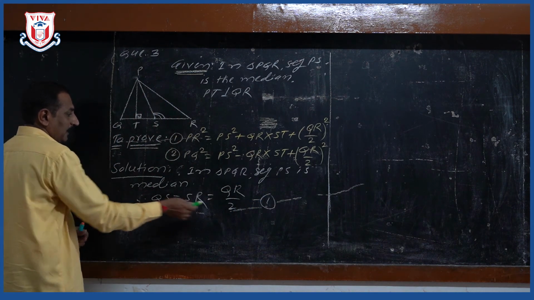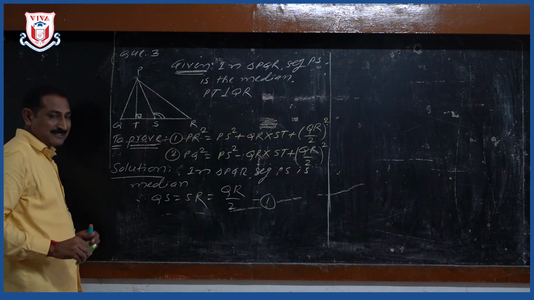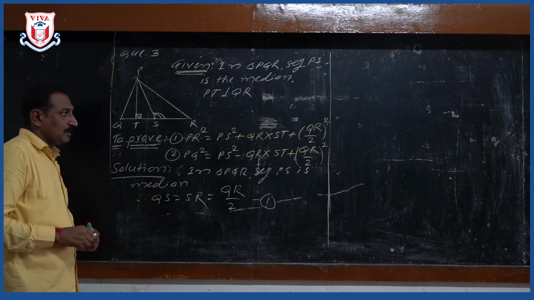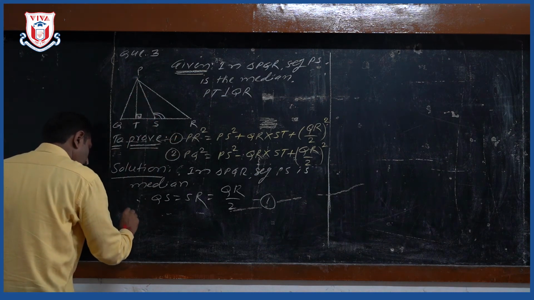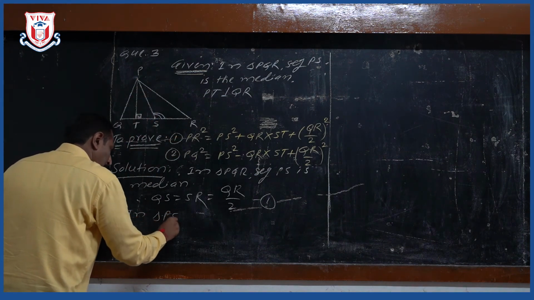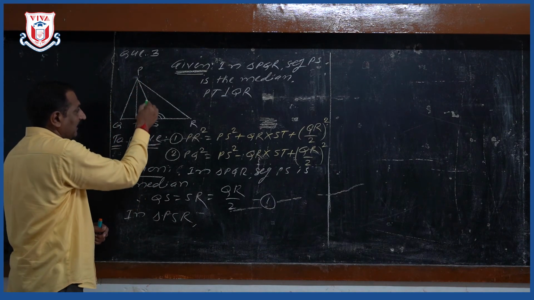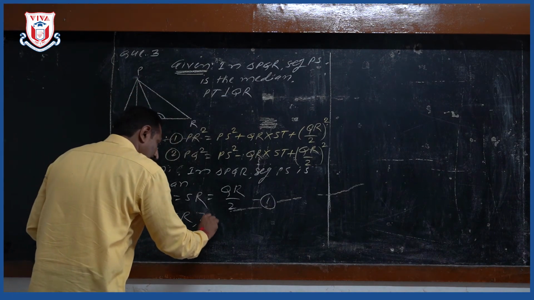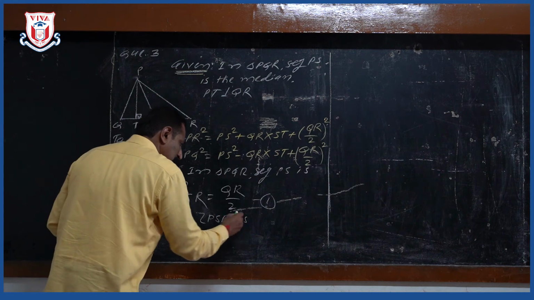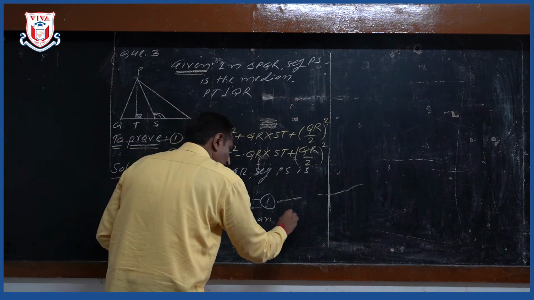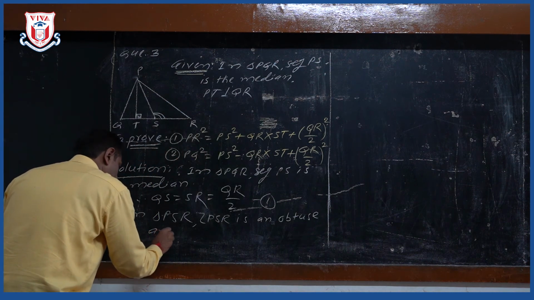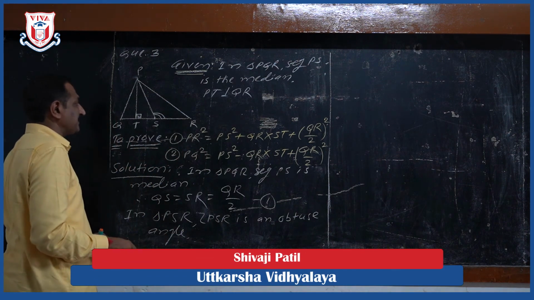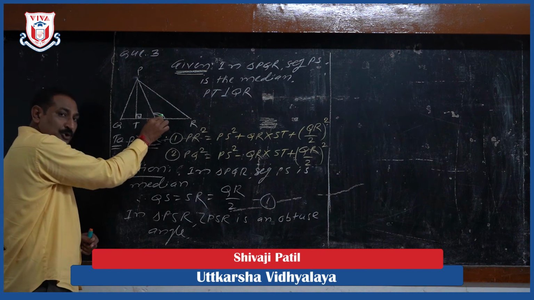QR by 2 is the value of QS and SR, half of the QR. Now, in triangle PSR, this angle PSR is an obtuse angle. PSR is an obtuse angle.